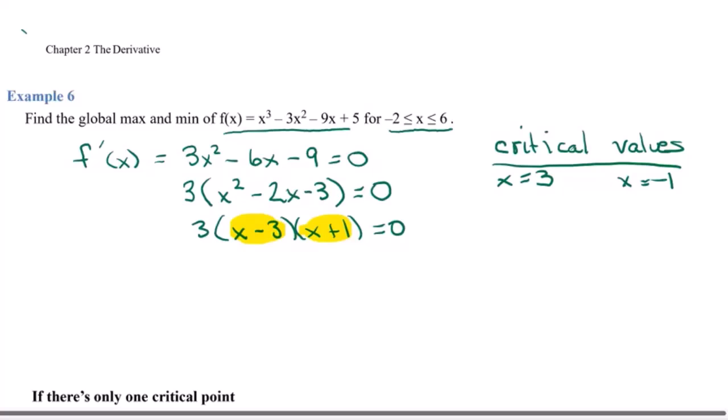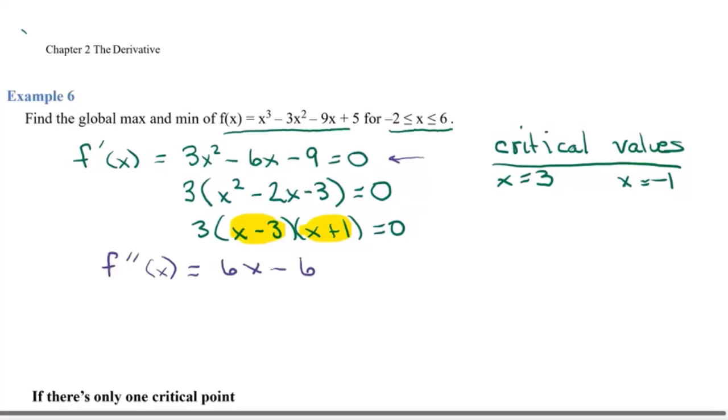We could do it two ways. We can either do it finding the second derivative, so let's do it that way. So the second derivative is equal to, well, we're going to look at this as the first derivative, so we have 6x minus 6.